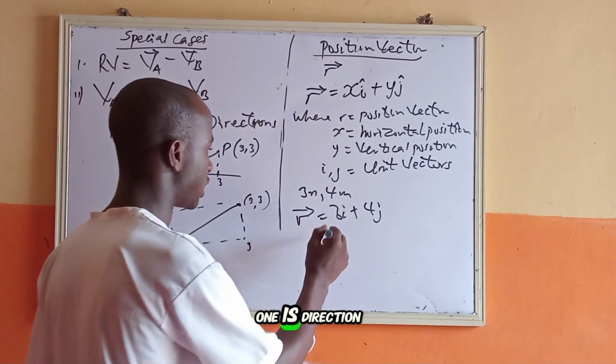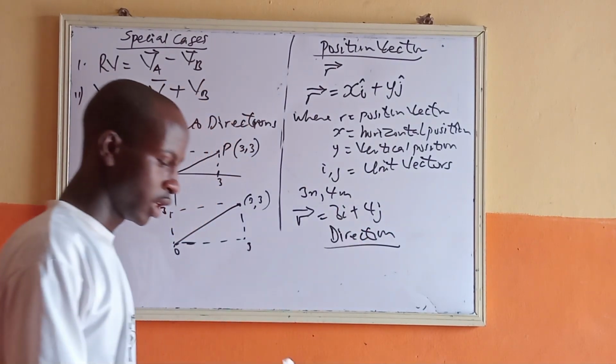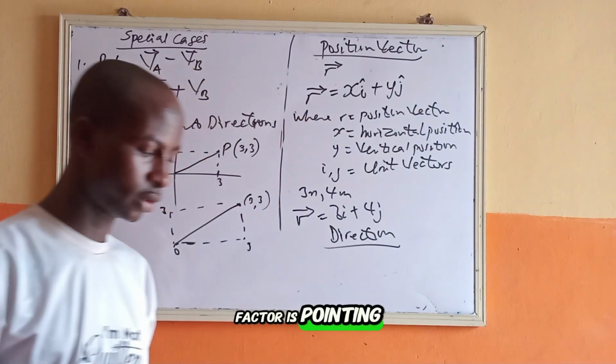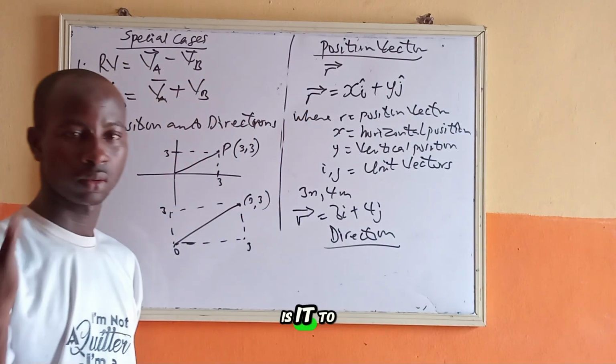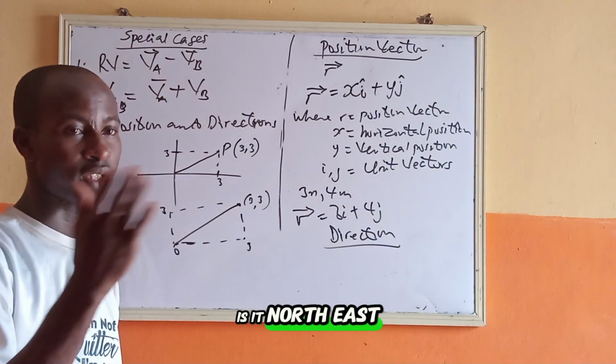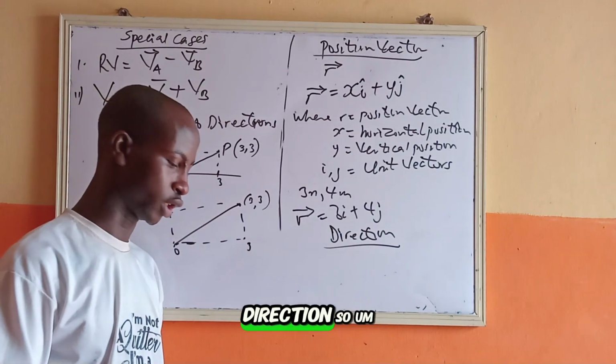And the last one is direction. A direction tells which way a vector is pointing. Is it to the positive side or negative side? Is it northeast, north, south, northwest, southeast, south? That is direction.